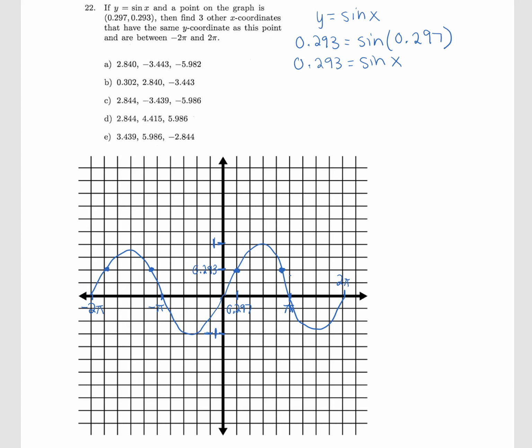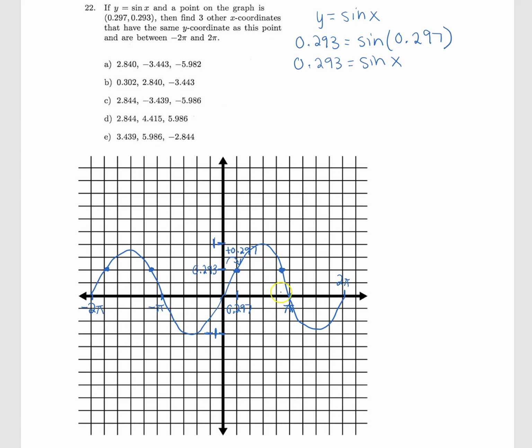One way to do that is to simply look at where we are with this first point on the graph that we've been told. For this point, we've gone up from 0 by 0.297. So we've added 0.297 from 0.